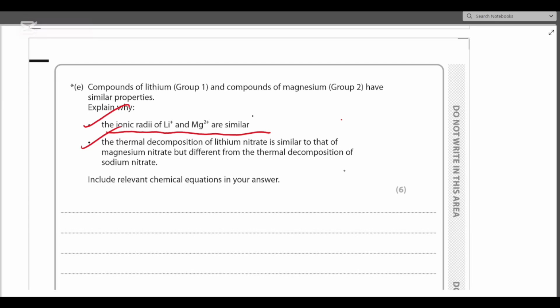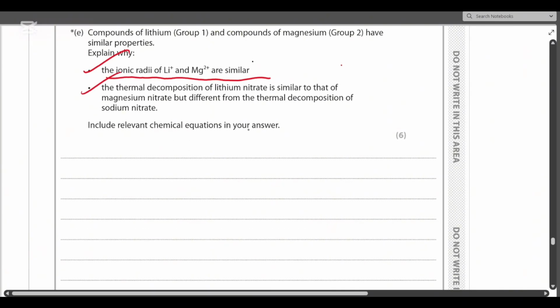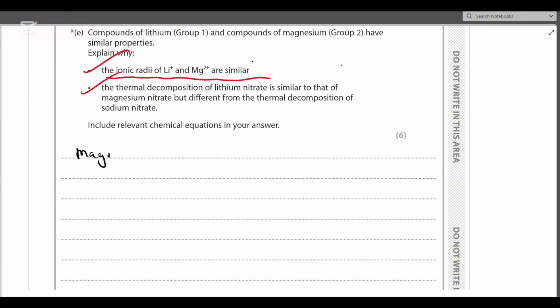First one, they said the ionic radii of Li+ and Mg2+ are similar. This basically means, why is that the case? This is because, pretty simple, magnesium has an extra shell compared to lithium. Yeah, that's a no-brainer.